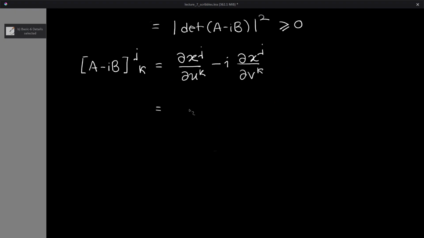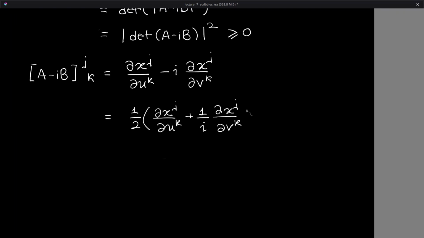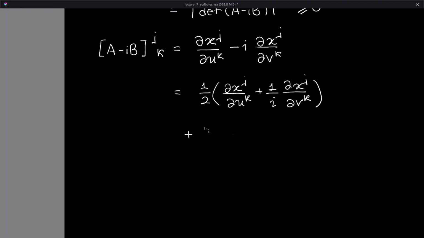Let's say that this is equal to half partial x_j partial u_k plus 1 over i partial x_j partial v_k, plus half partial y_j. So we're using the CR equations here.